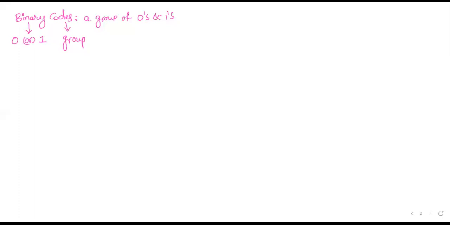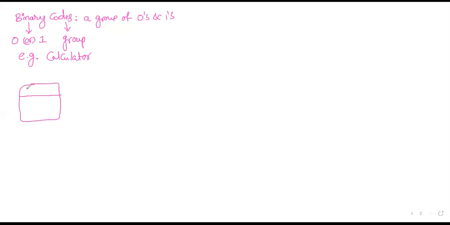A group of zeros and ones. Now, before discussing the binary codes, first we'll go with one example. The example is a calculator, a basic calculator. This basic calculator is a small computer, and we enter the inputs in decimal.